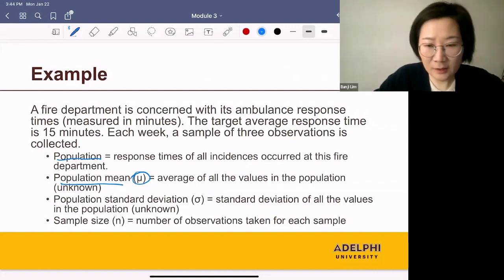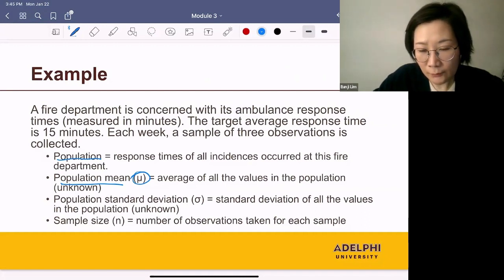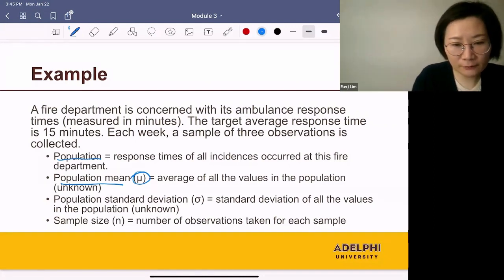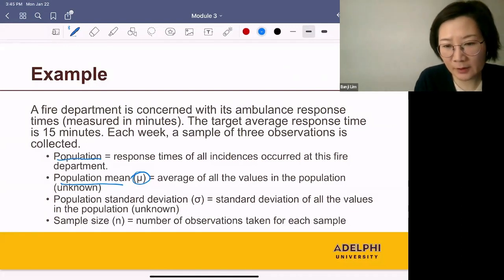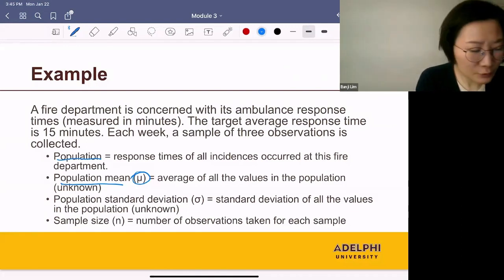The population mean is the average of all the values in the population. Is mu known to us? No, because mu is the average of all the values in the population, but here we are only sampling a few observations, so we can't compute mu. Mu is unknown.